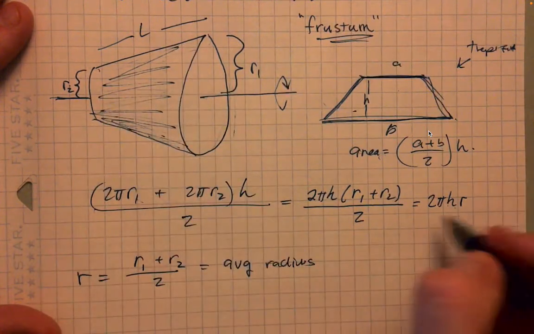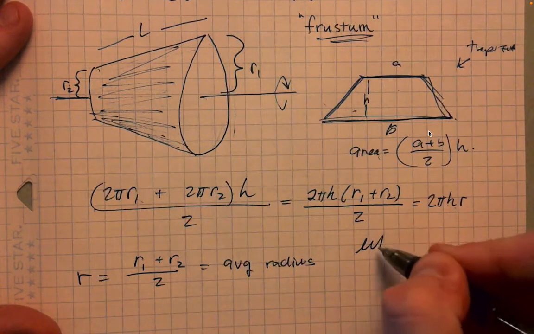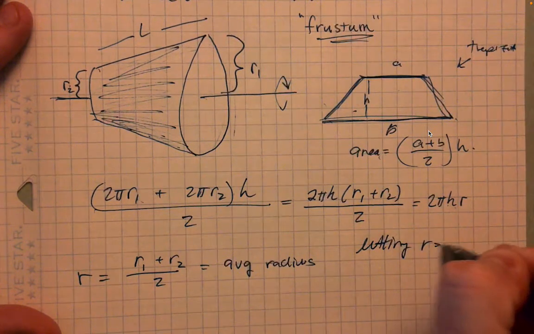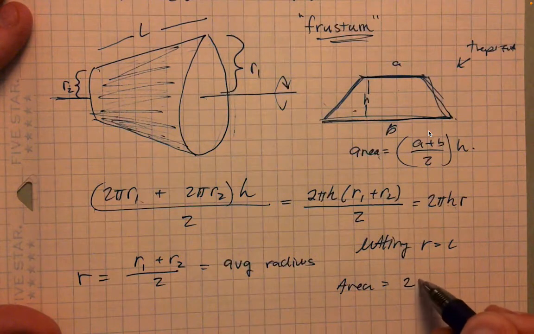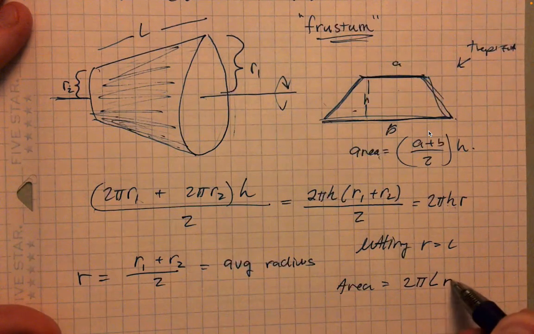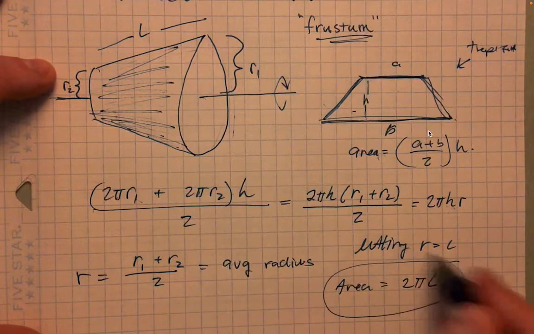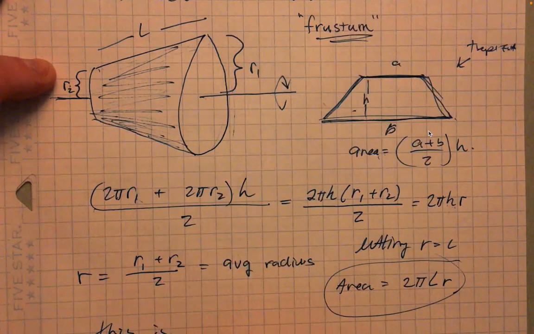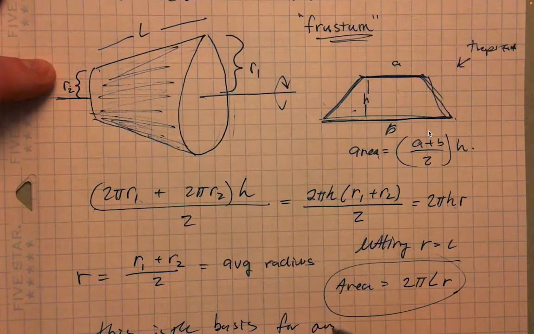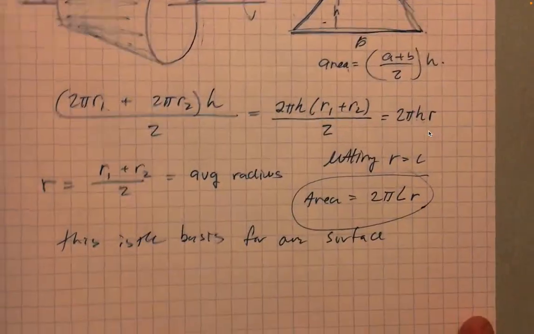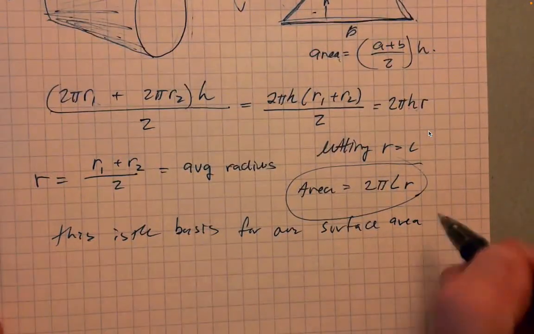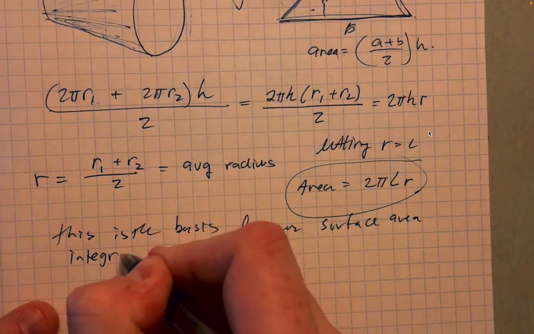Okay, and so letting h equal L, the area is equal to 2 pi L times r. Okay, so this is the basis for our surface area calculation. This will be the basis for our surface area integral. Okay.